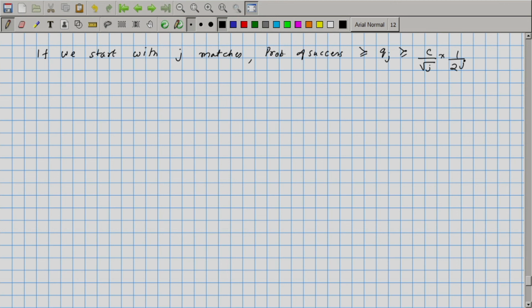Now, what is the probability that you will get j matches when we randomly choose an assignment? Well, that is again binomial distribution.